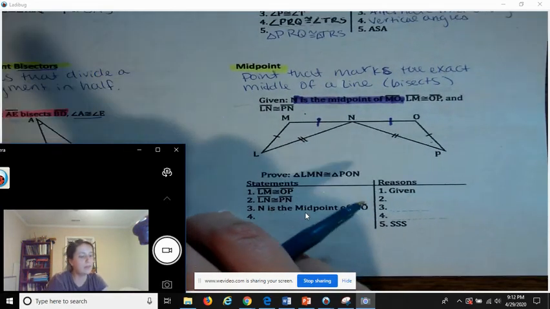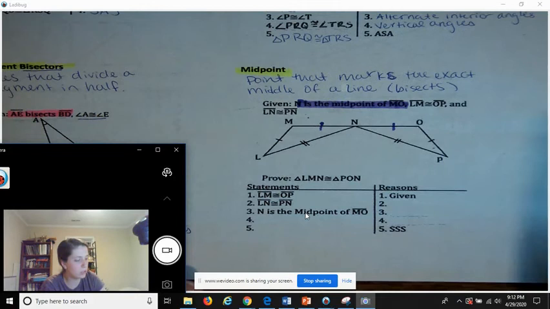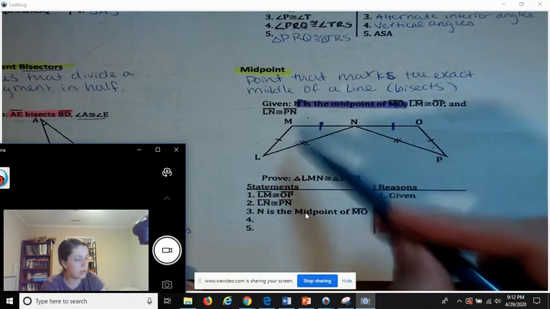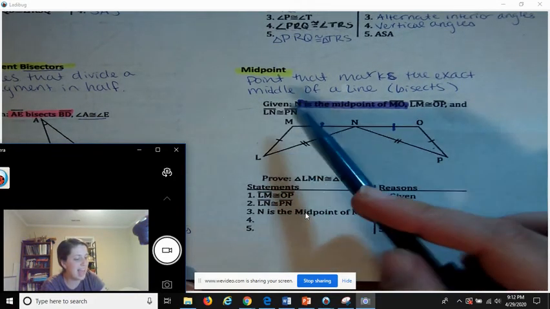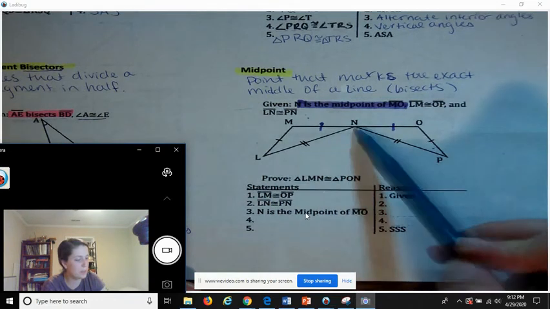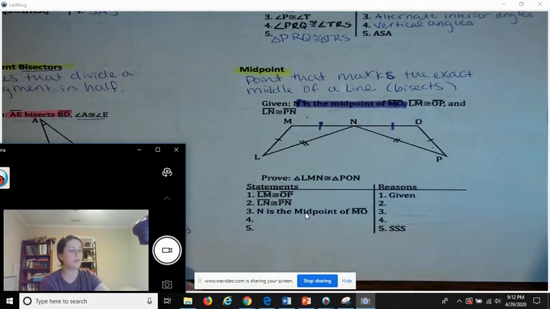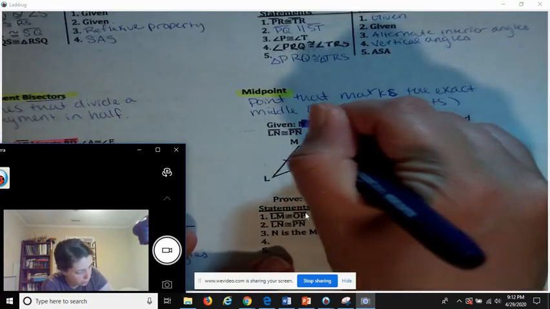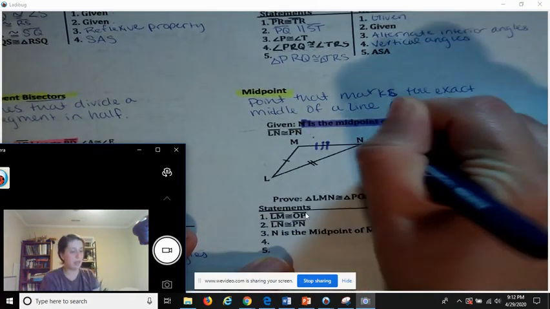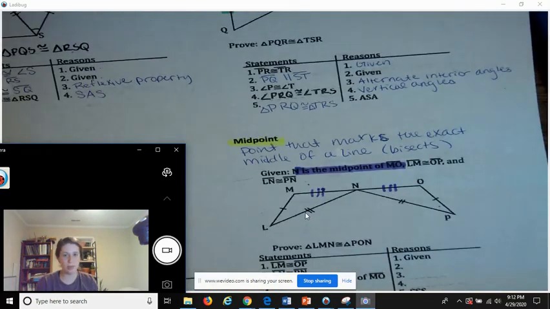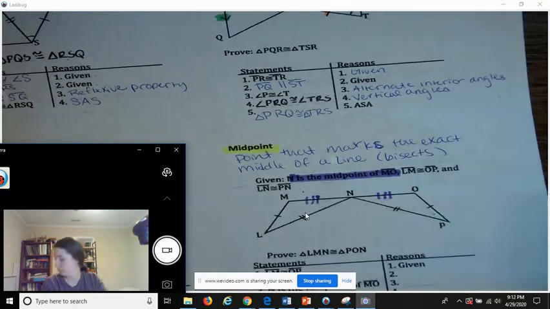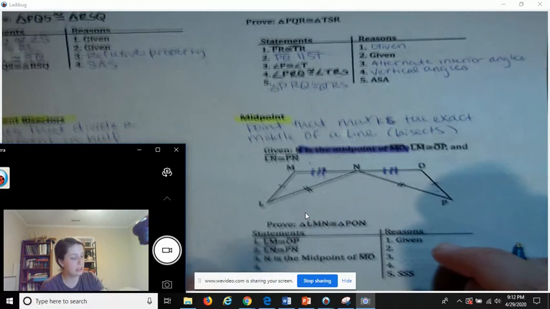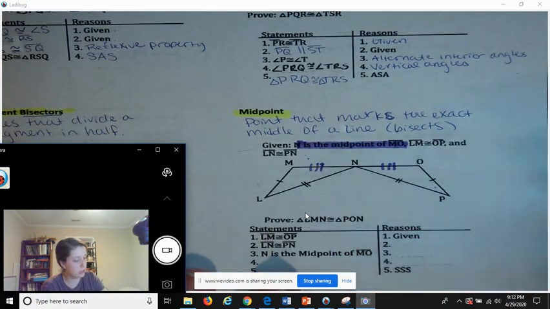That's that piece of information. LM is congruent to OP, and they've already marked that for us. And then LN is congruent to PN, and they've marked that for us as well. I probably should have picked a marking that they hadn't already used. They used 1 and 2 dashes, so I'm going to use 3 for mine.